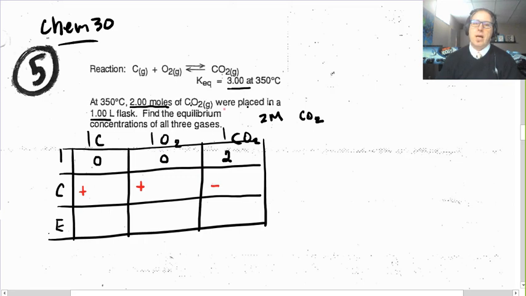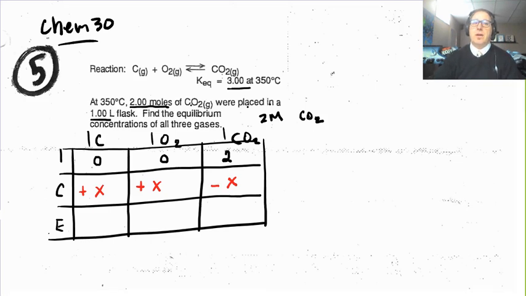Because it's a 1 to 1 to 1 ratio, the unknown change, because we don't know what the change is, is x, and they're all going to change by the exact same amount. So we have x's in that second row.